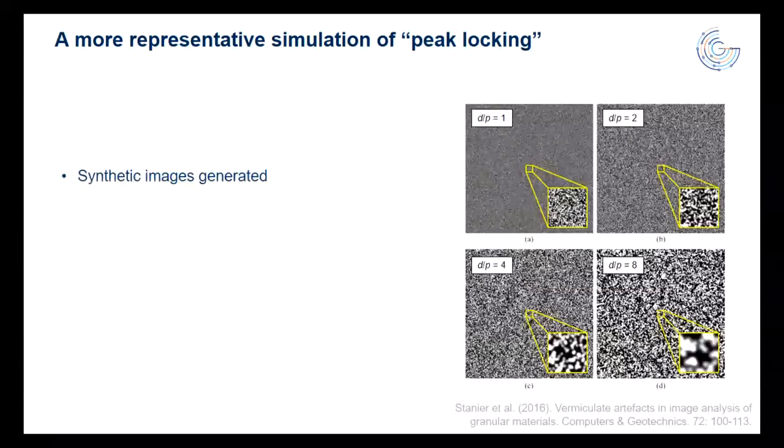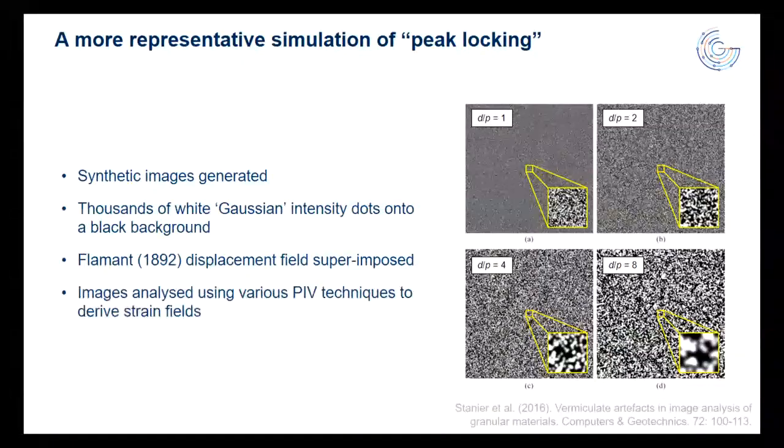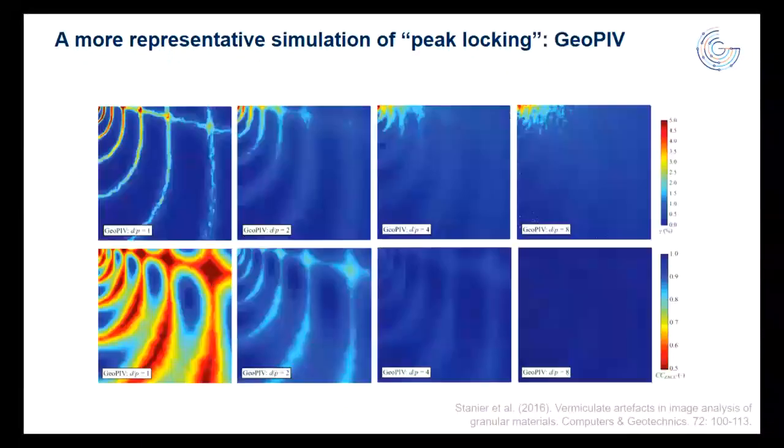What do we get, though? Well, if we take some synthetic images again, this time we're going to pepper a black background with thousands of these white Gaussian dots, again with different diameters representing different particle image sizes. What we end up with is a bunch of strain fields, and they look a little bit like this.